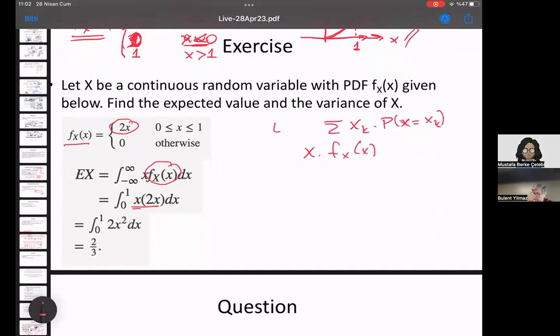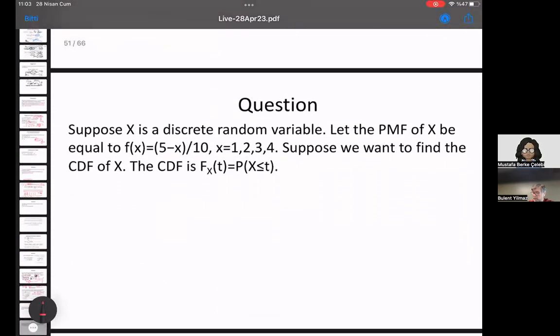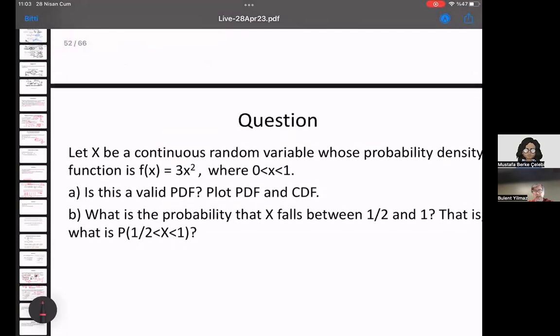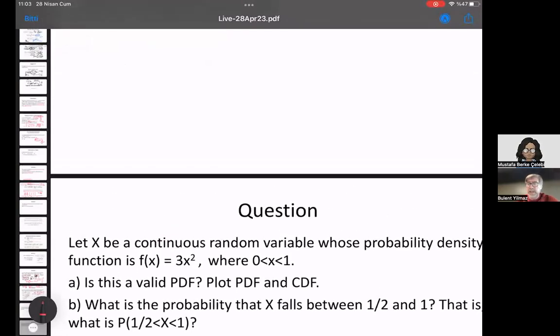This was expected value for discrete random variables. This one is expected value for continuous random variables. You see, probability is replaced by the PDF function. There will be such questions in the quiz next week, inshallah.